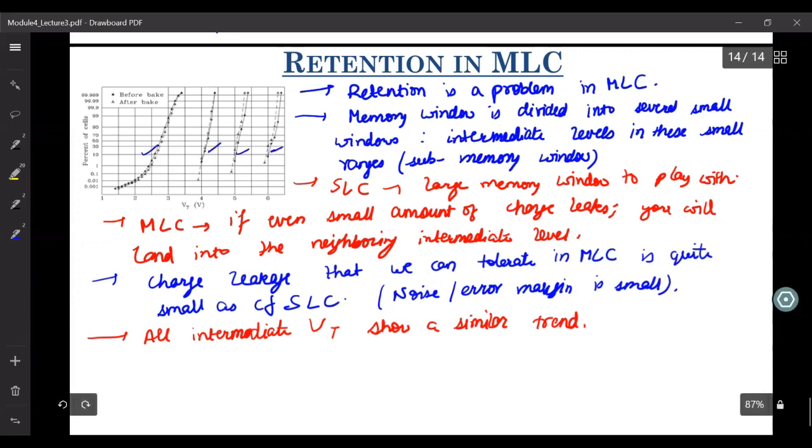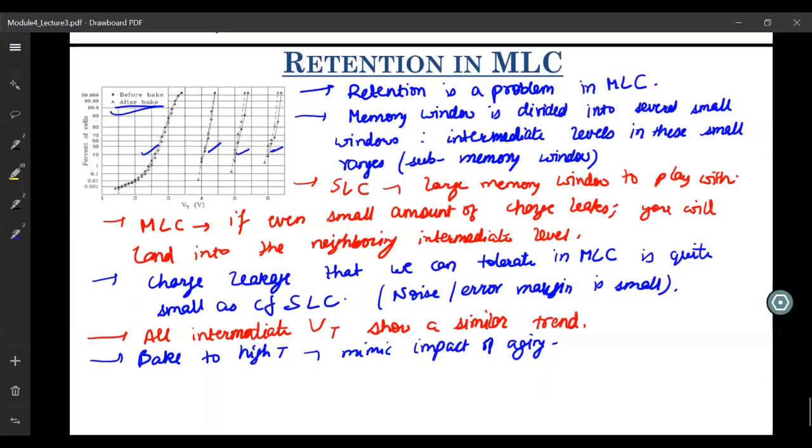So this is MLC, that is 2-bit information can be encoded, and there are 4 different levels. So after baking, so why do we bake? We bake to high temperatures to mimic the impact of aging.